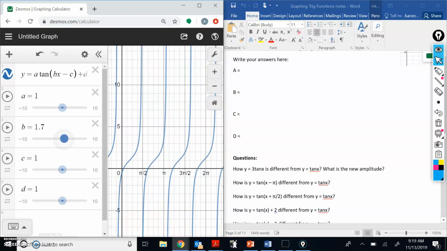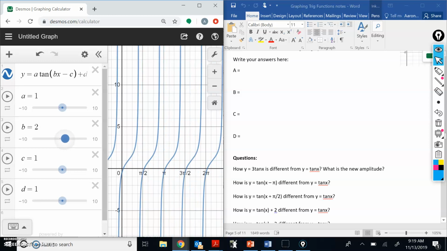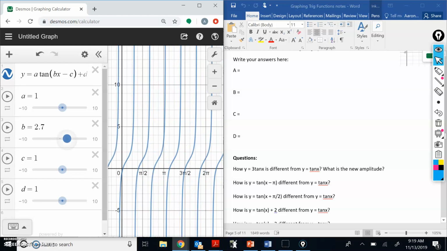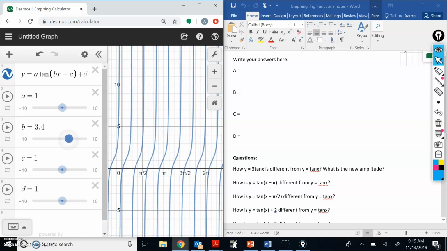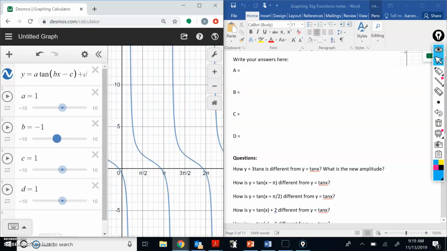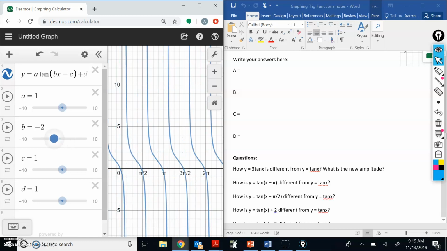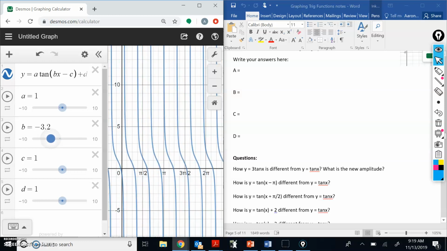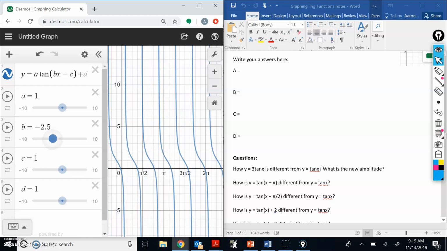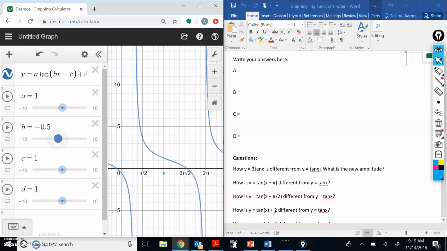So what B is going to do, it's going to make it more squishy. It's going to change the period. It's going to make it repeat more and more times as B gets bigger. And the same thing going the other way. If B is negative, the bigger it gets, the more it repeats, but it's also being reflected the other direction.